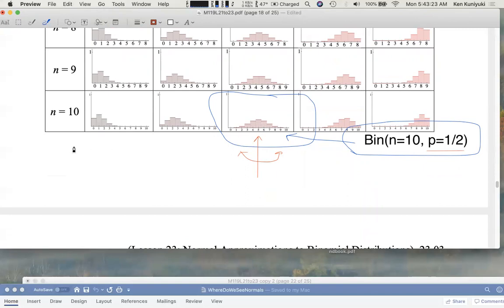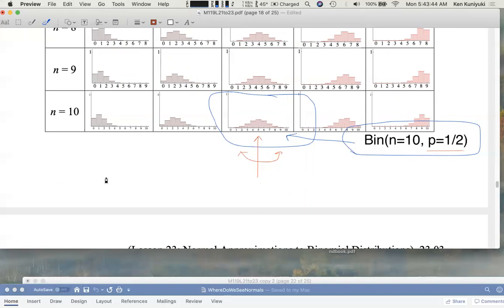But if we were to do n equals 100 or n equals 1,000,000, then many values of p will work. Only the most extreme values of p and q would fail us. So if n equals 1,000,000, then p and q could be almost anything. It's just that p and q could not be too close to 0 and 1.